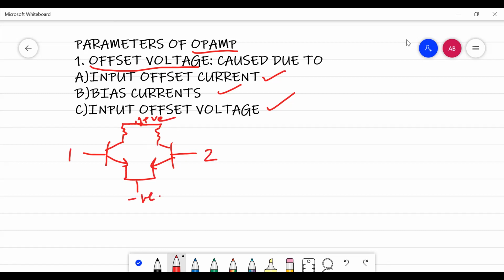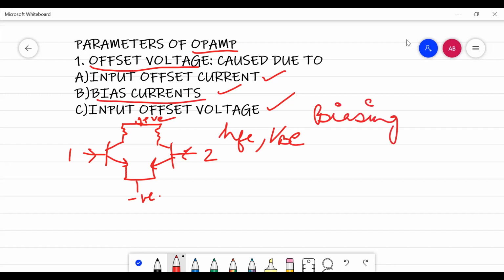So basically, when there is a difference between the HFE and VBE, that is the base to emitter voltage of the transistor, then there will be a difference in the bias currents. Now you all know that biasing is required for the proper functioning of all the transistors.